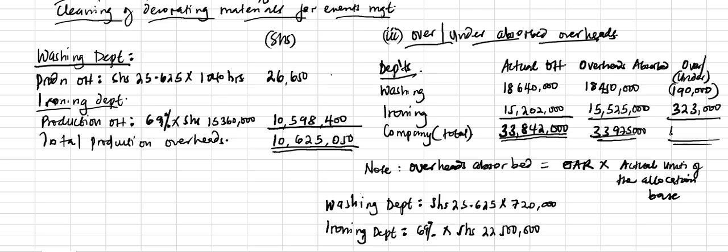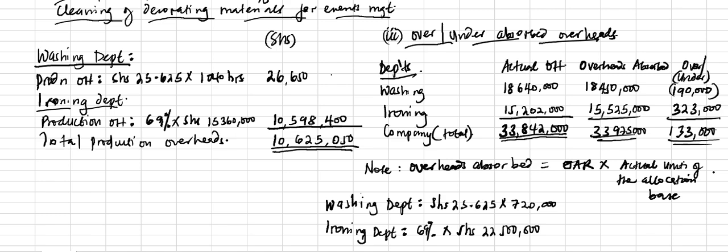So for each department, the washing department is under absorbed of 190,000, then the ironing department is over absorption of 323,000. There was over absorbed overheads of 133,000.